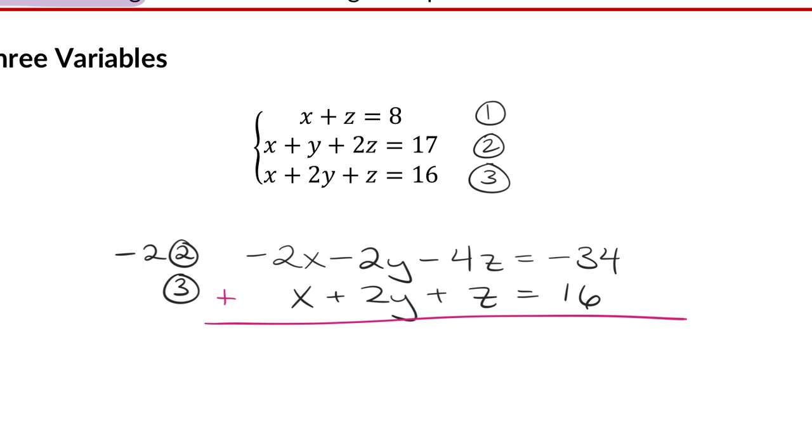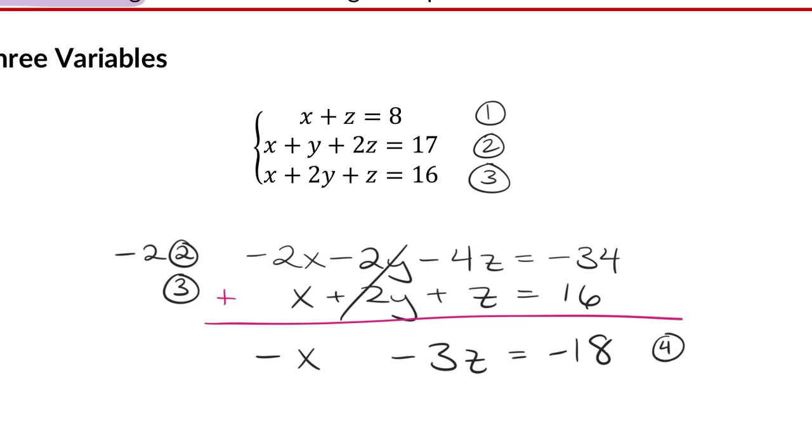We're eliminating the same variable that's already missing. Fabulous. So that means we have -1x, the y's cancel, minus 3z equal to -18. This is equation 4.